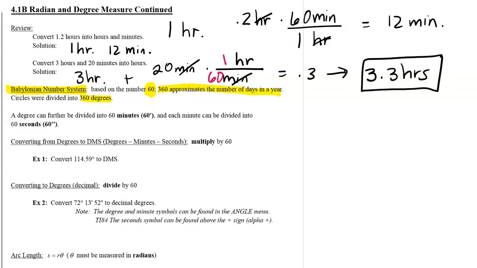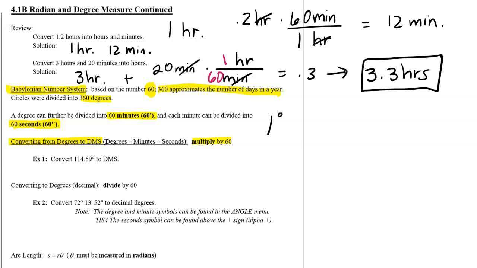So if you take 1 degree, you can break it down into further parts, where there are 60 minutes in a degree, and each minute can be divided into 60 seconds. So there's 60 seconds in a minute and 60 minutes in 1 degree. So what we're going to do now is convert degrees to what's called DMS, degrees, minutes, and seconds. We're going to do that by multiplying by 60.